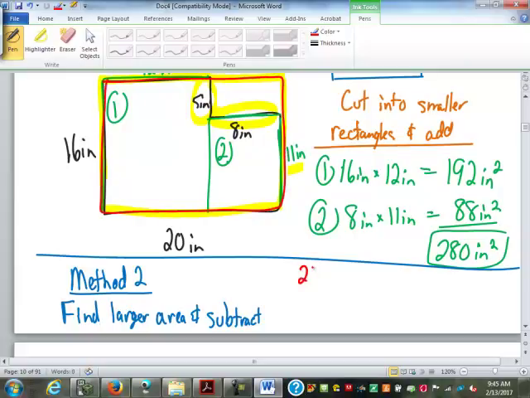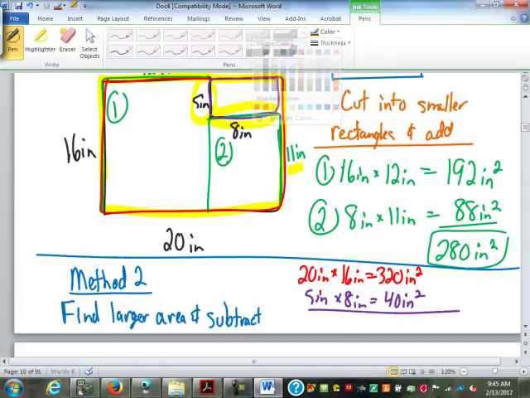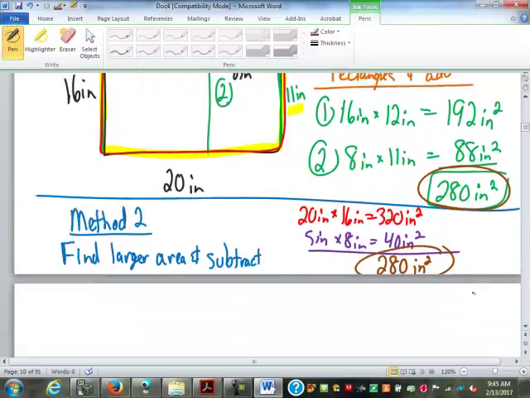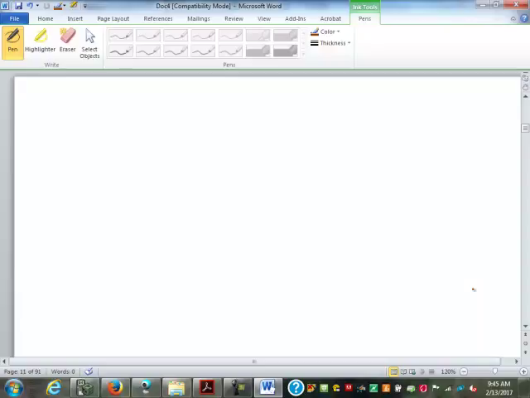That is 20 by 16, or 320 inches squared. And then I have to subtract out the piece that's missing. That is a 5 by 8 piece that's missing. Which subtracts to give us 280 square inches. So we'll get the same answer either way. In a problem like this, it's about the same amount of work either way. There are some that are easier to do one way than another.